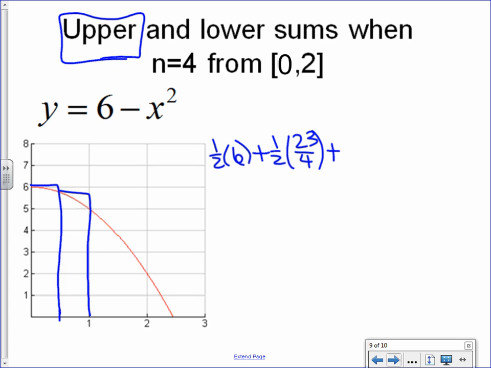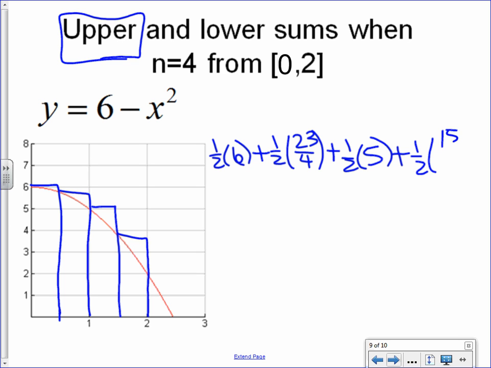From 1 to 3/2, we're going to use the height when x is 1. And from 3/2 to 2, we're going to use the height when x is 3/2. So the 15 fourths. The actual is 28 thirds.